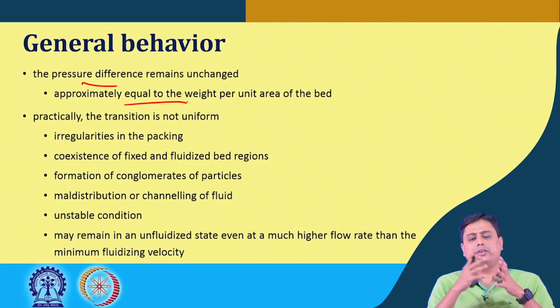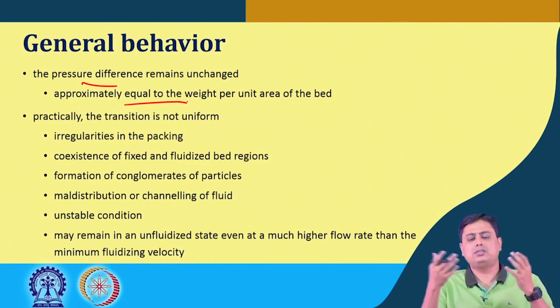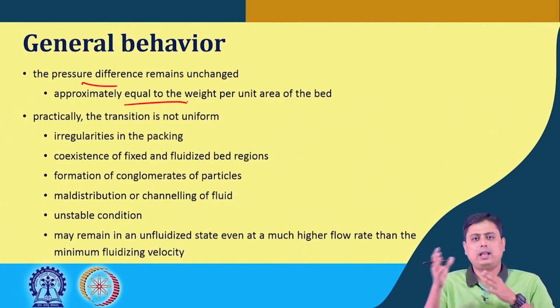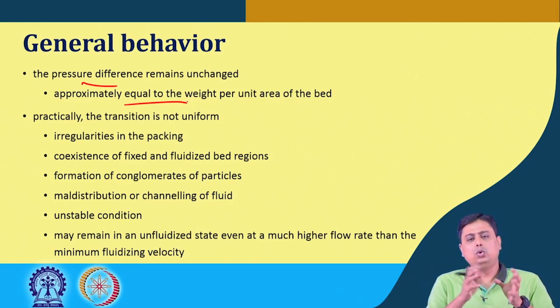It is of different shapes, different sizes. There is a size distribution. Fine. So there are irregularities in the packing, where these shape and size differences lead to the coexistence of the fixed bed as well as the fluidized bed, these two beds inside a particular operating regime.